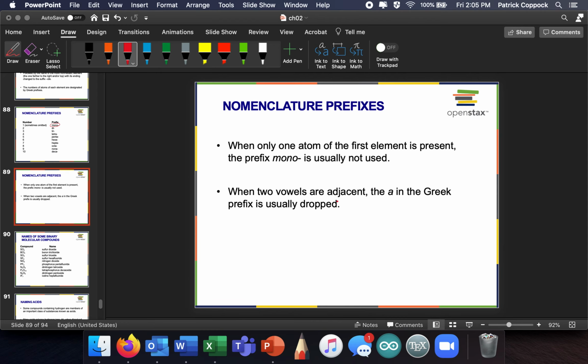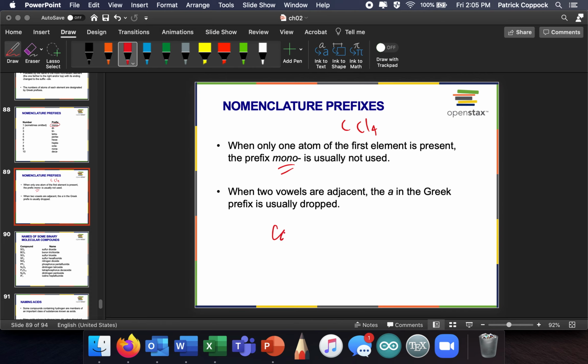When only one atom of the first element is present, like CCl4, we didn't say monocarbon tetrachloride, right? We just said carbon tetrachloride. So we oftentimes don't use the mono if it's the first element. And when 2 vowels are adjacent, we sometimes get rid of one of them.